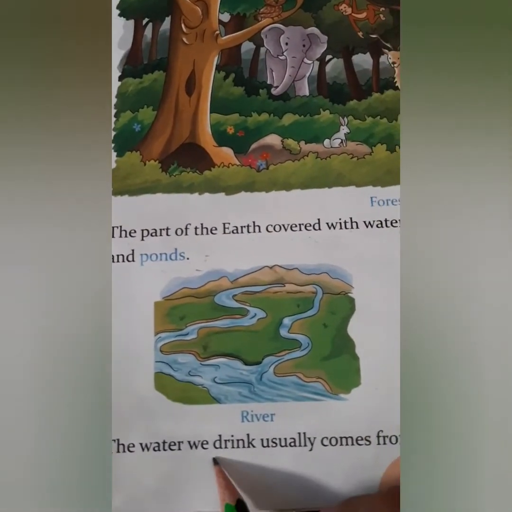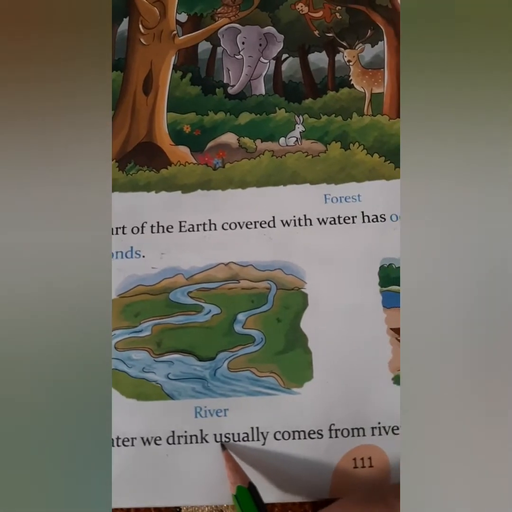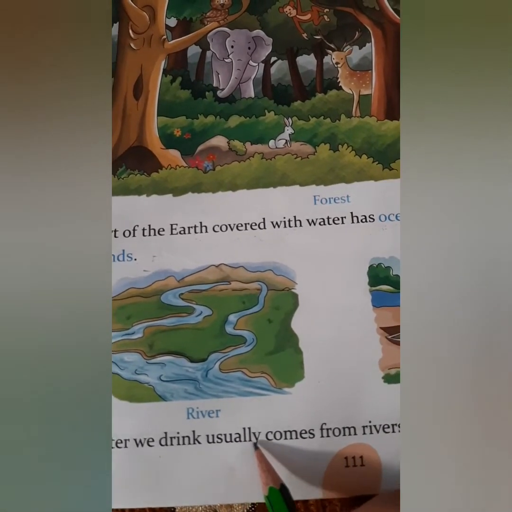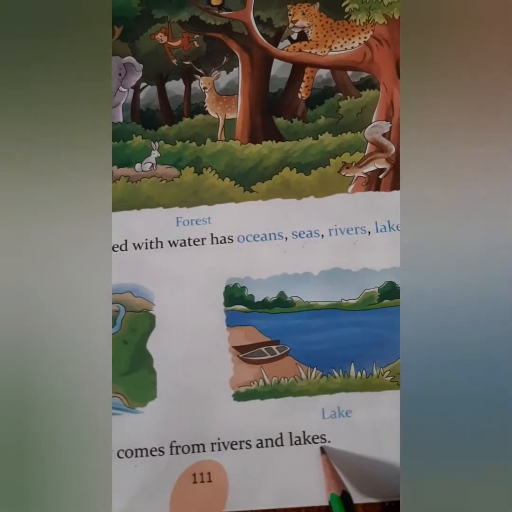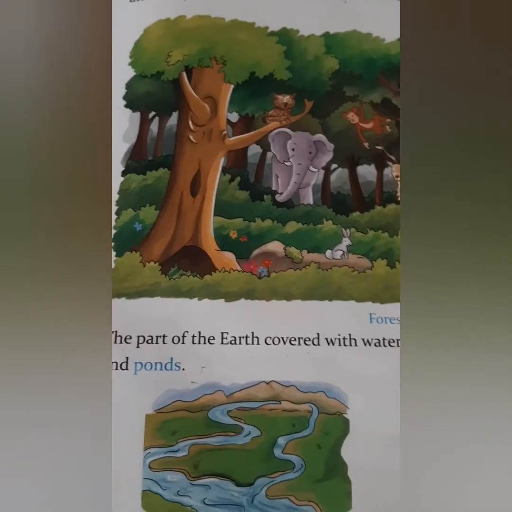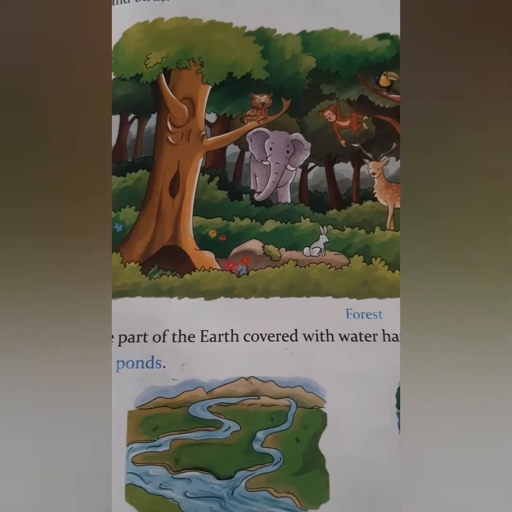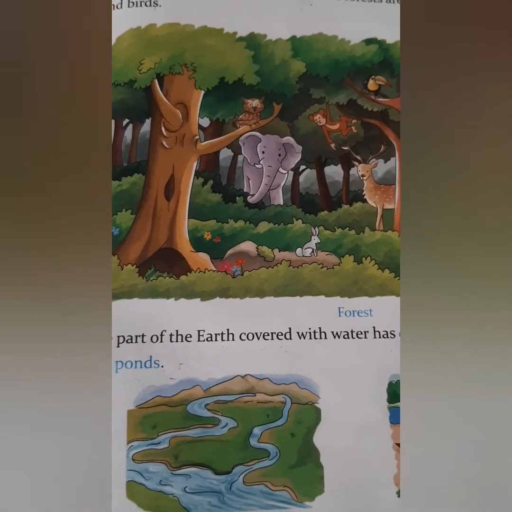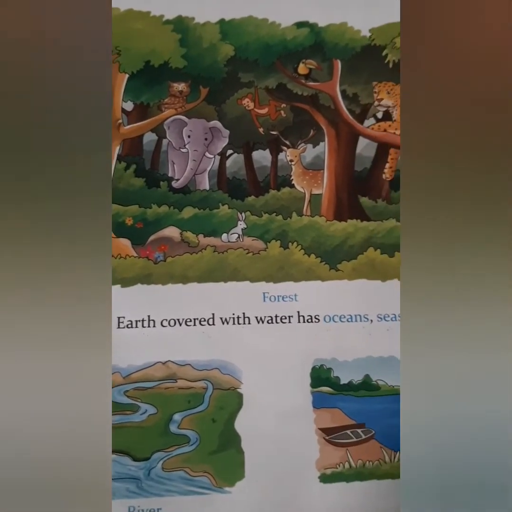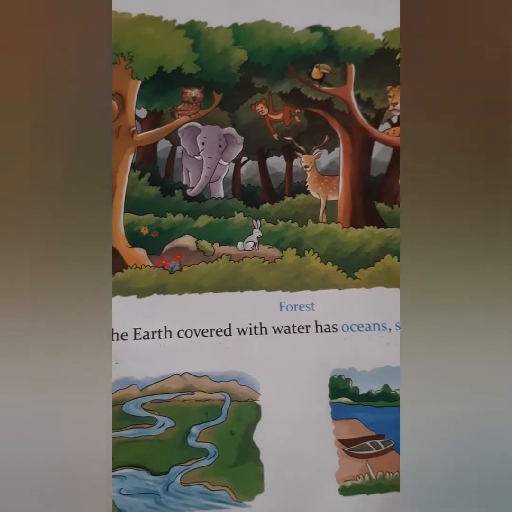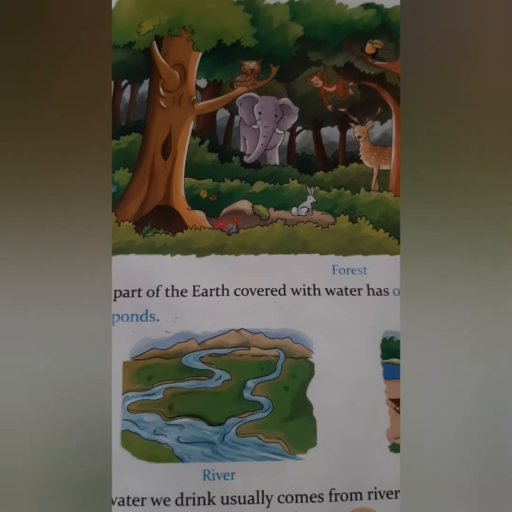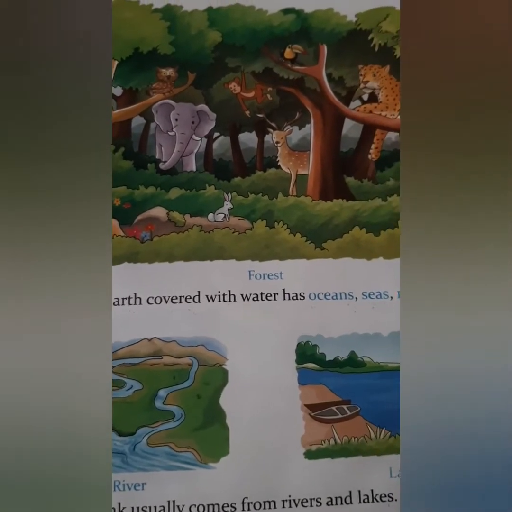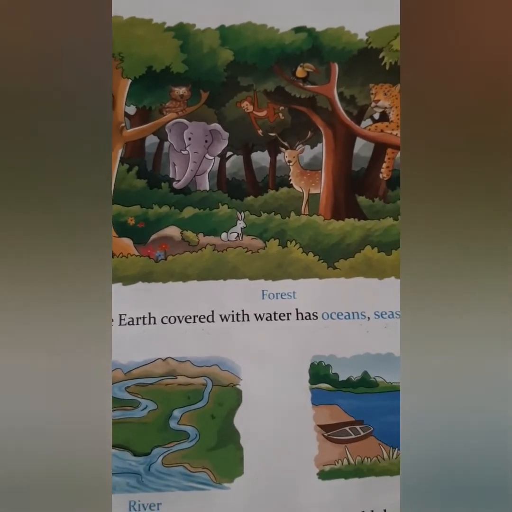The water we drink usually comes from rivers and lakes. So children, the most part of the earth is covered with water, has oceans, seas, rivers, lakes and ponds. And the water which we drink usually comes from rivers and lakes. Okay, now let us move to the next page.